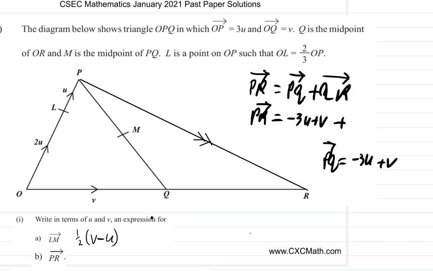QR is what? O to Q is halfway Q to R, and OQ was V, so this must be the same direction and same distance. So QR is also V, so it's plus V. Hope you see that.